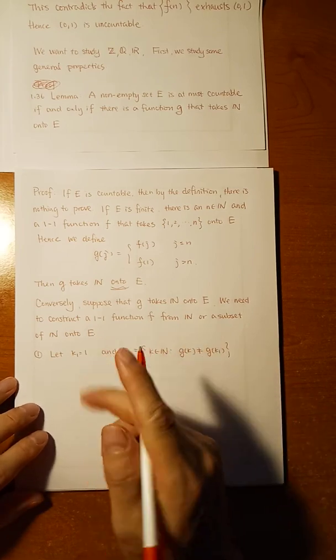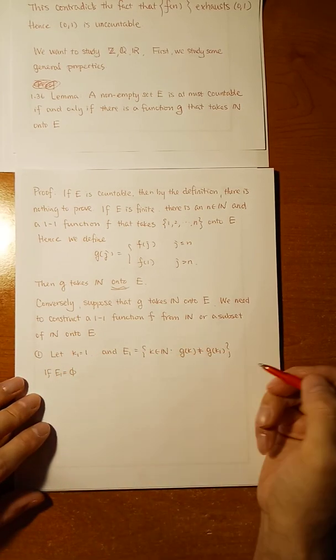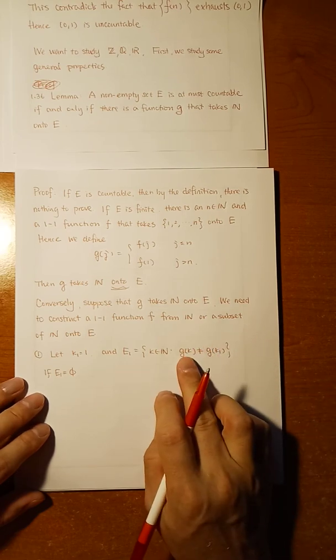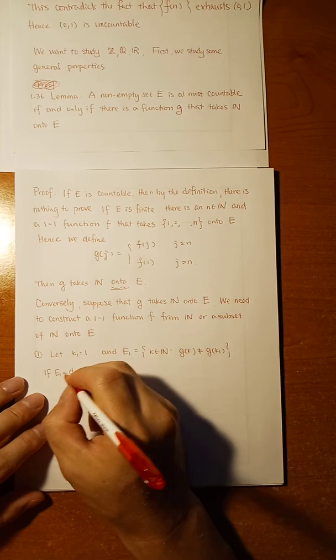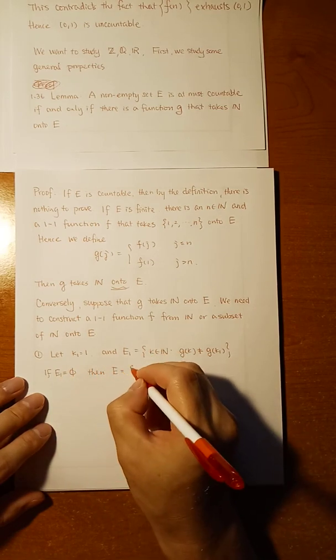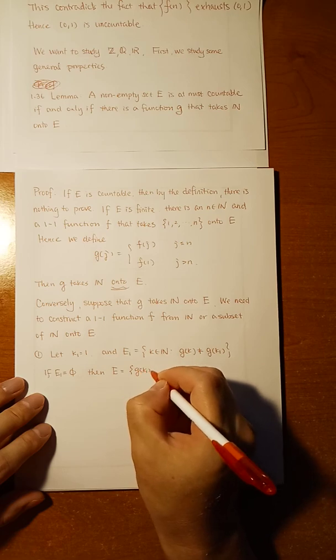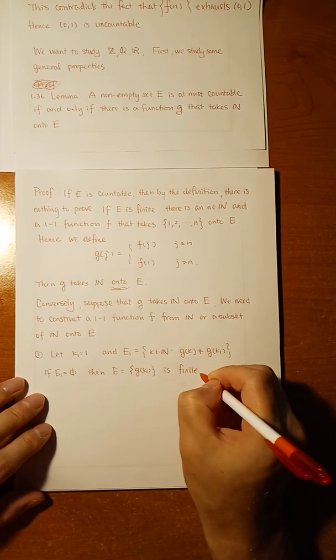So you have two situations. If E1 is empty, it means for all k, g of k is equal to g of k1. If E1 is empty, then E is equal to {g(k1)}, which is finite. Finite is at most countable.